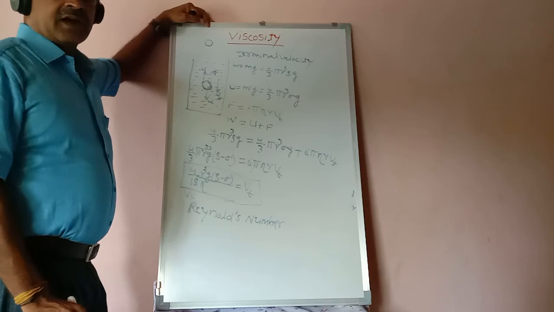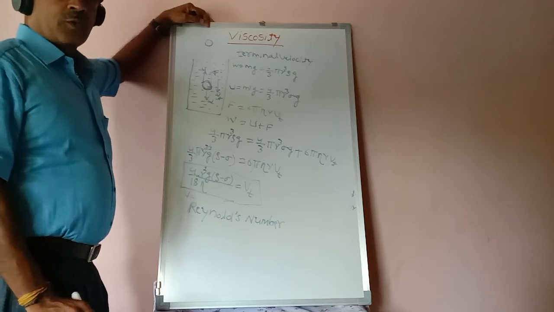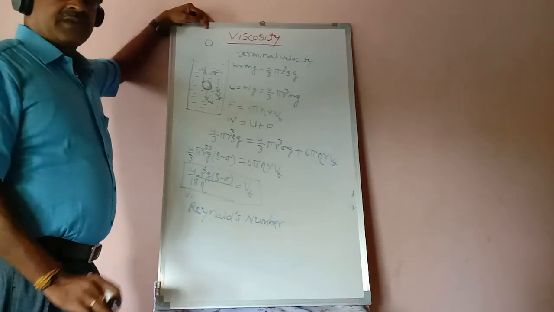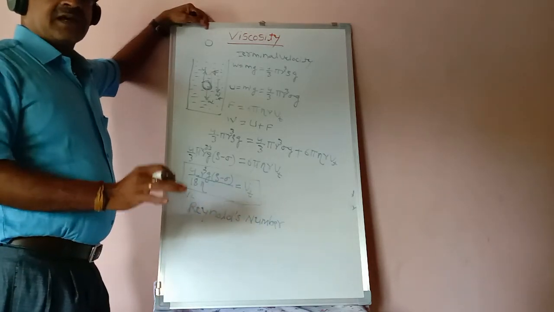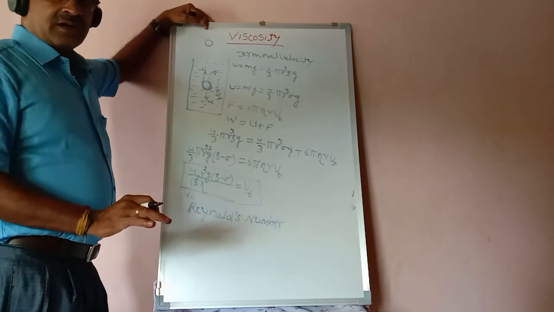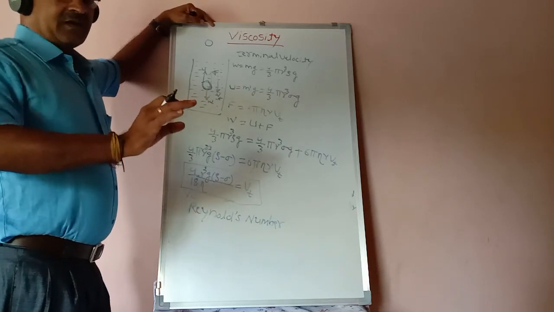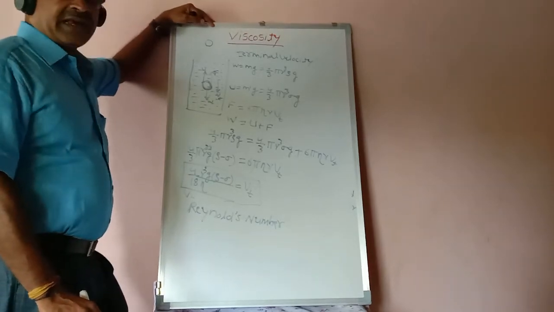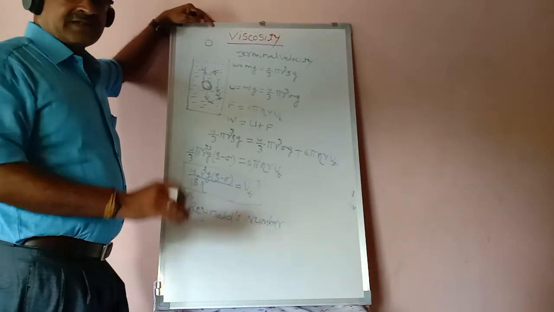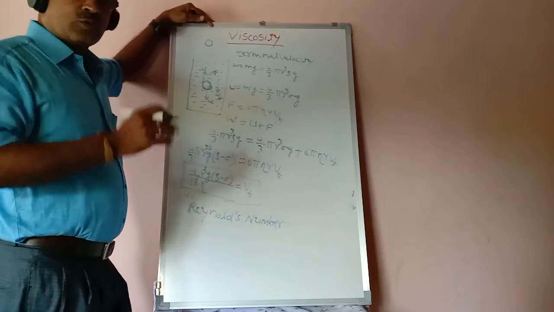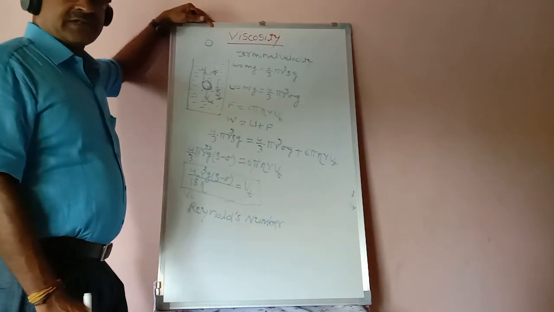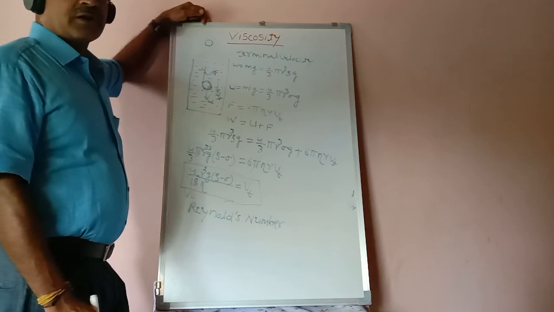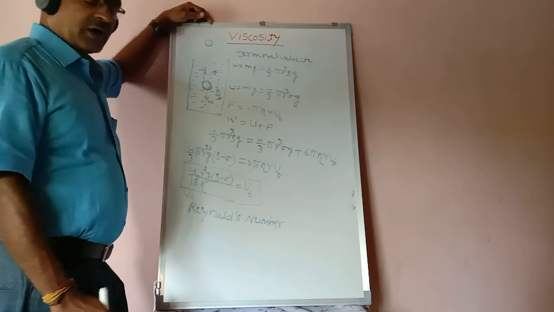If the number is less than 1000, it is streamline flow. And if the number is more than 2000, then we say the nature of the flow of fluid is turbulent flow.